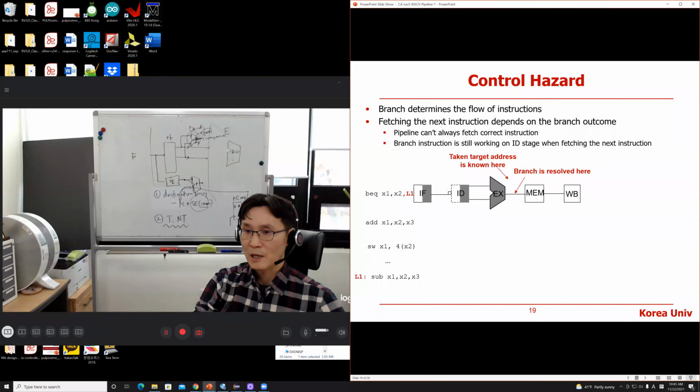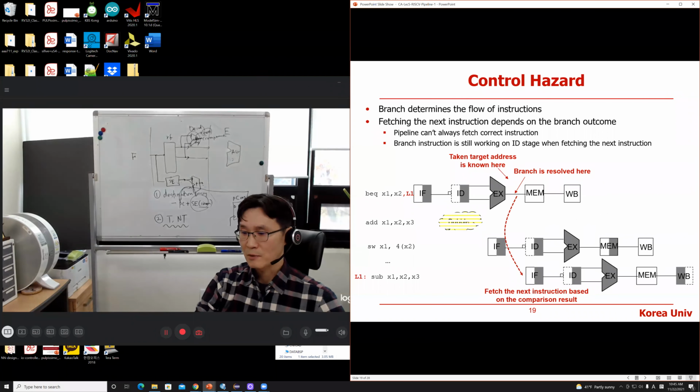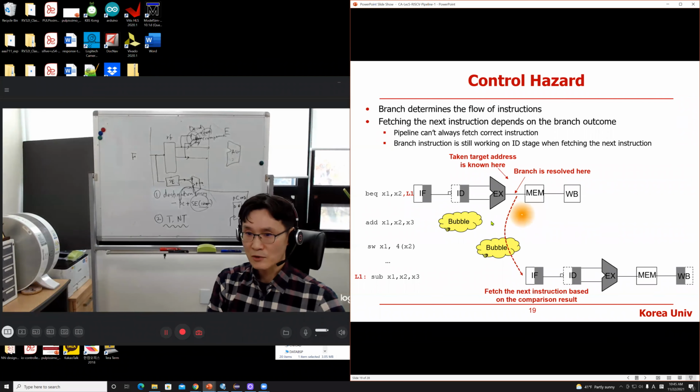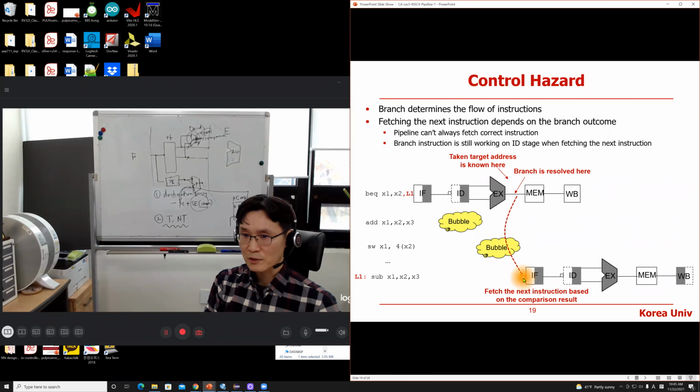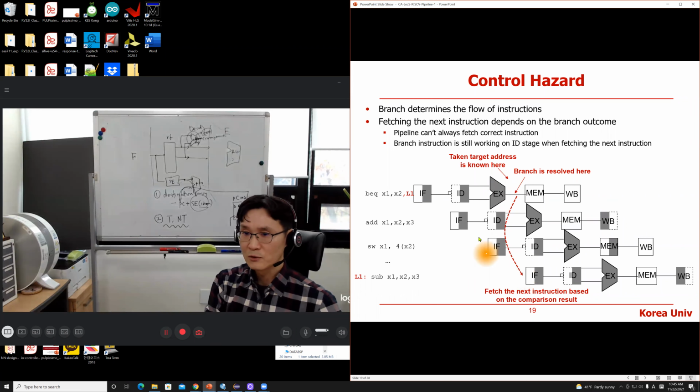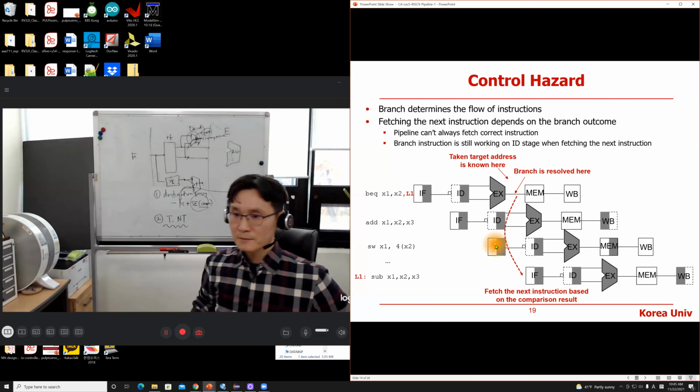That means this pipeline, you have to flush out these two instructions, not just one. So branch is resolved in execution stage in the class project. Based on that, you fetch a new instruction. So you have to remove these two, the instruction in decoding stage and the one you fetched. Does it make sense? Any question about this?